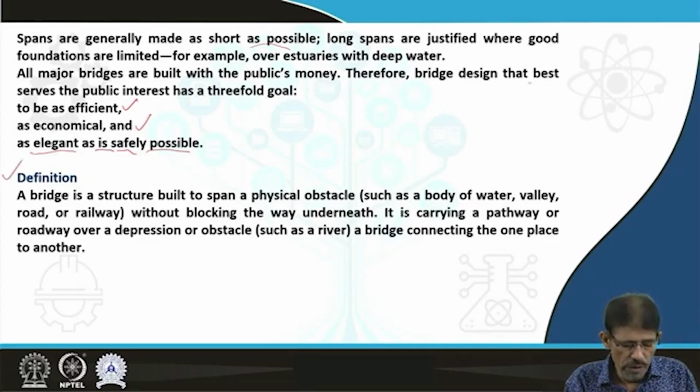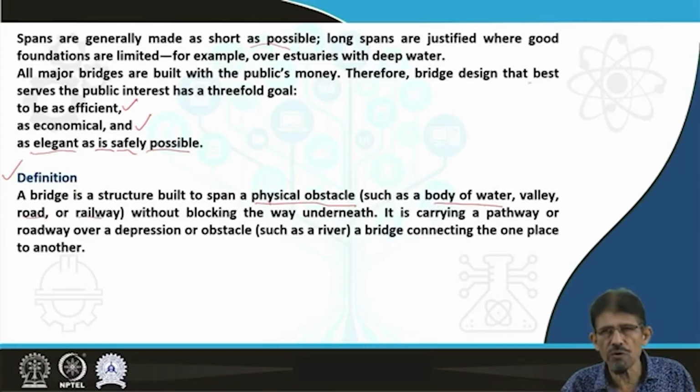If we are going to define a bridge, then we can say that a bridge is a structure built to span a physical obstacle such as a body of water, a road or railway, a fire zone, a swampy area or any forest, etc., without blocking the way underneath.